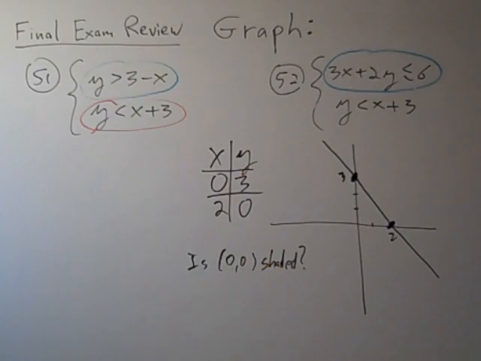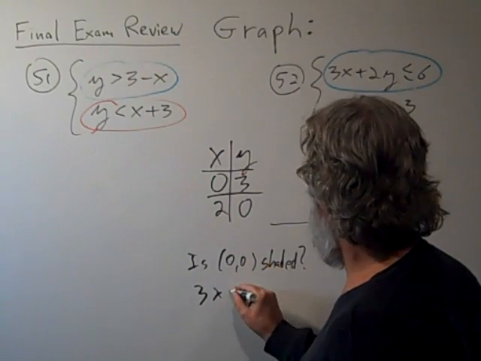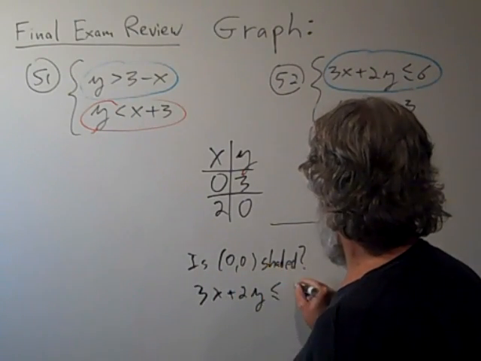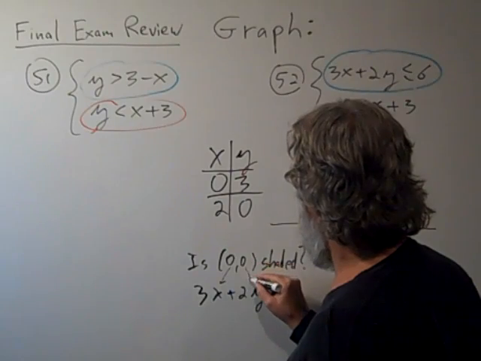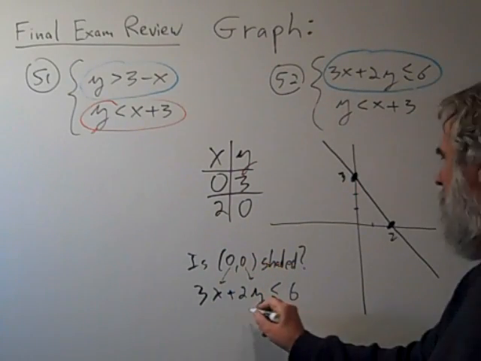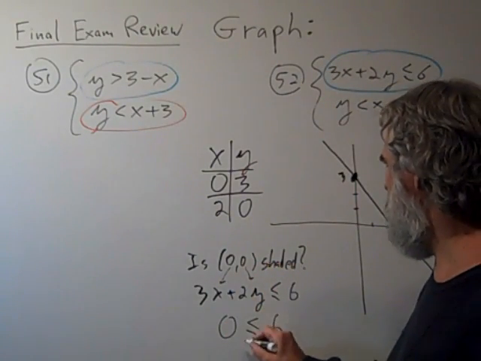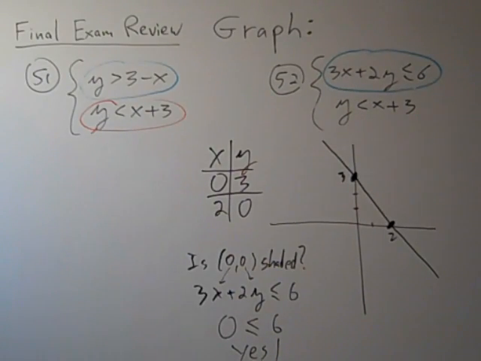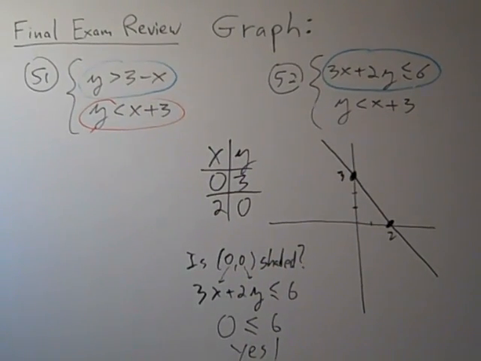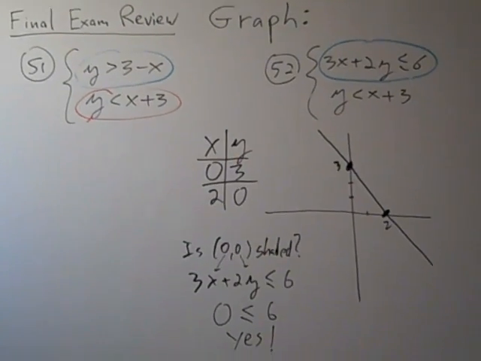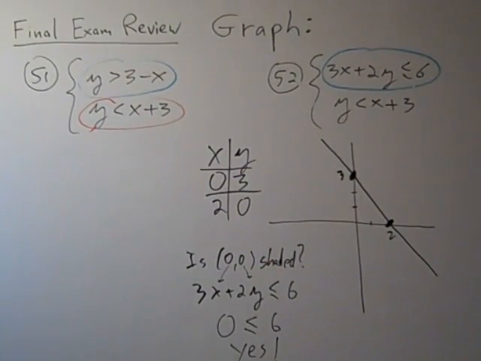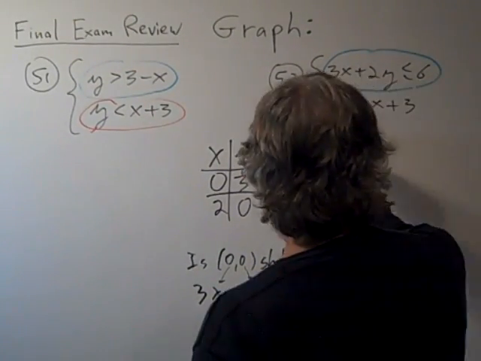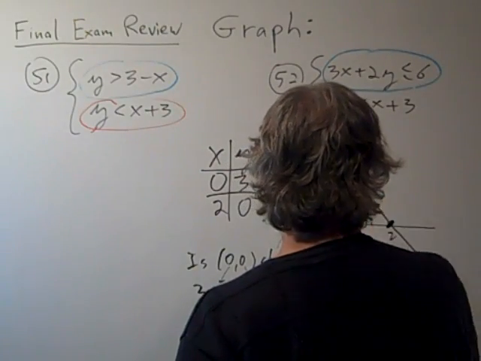The way to answer that is to take the original inequality, plug in x equals 0 and y equals 0, and see if it's true. And indeed, 0 is less than or equal to 6, yes. So the origin is shaded. So this is the shaded side of this line.